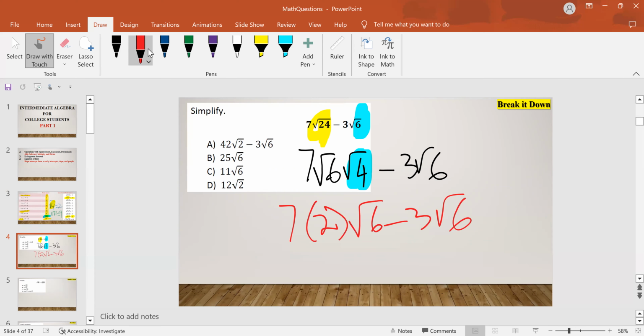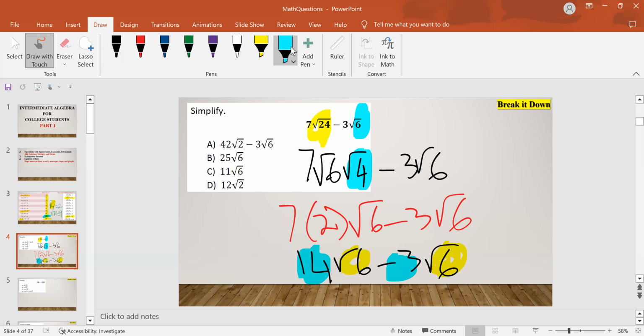This will be 14 square root of 6 minus 3 square root of 6. We have a like term, square root of 6, so we combine the 14 and negative 3. 14 minus 3 is 11. So we have 11 square root of 6. Therefore, the best choice here is C.